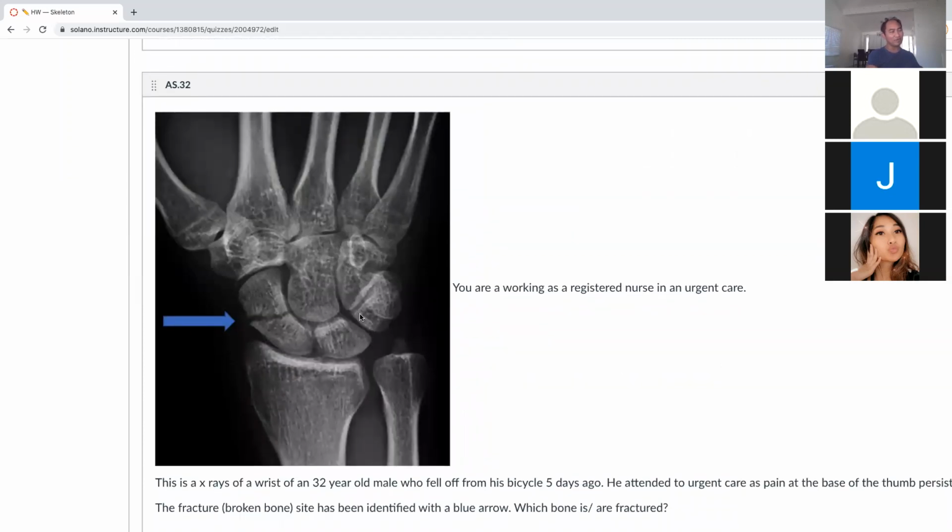Scaphoid, don't forget the scaphoid bone. We know that we have 8 bones arranged in 2 rows of 4 bones in our wrist.